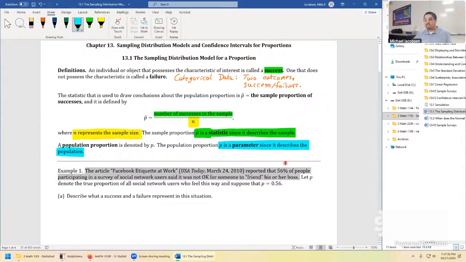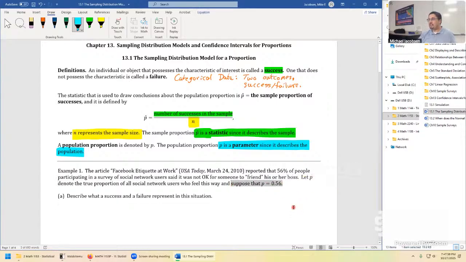That's a pretty interesting statistic. I wonder if it's gone up or down. For full disclosure, I don't think it's okay to friend my boss, Patrick Ralt. That would be really weird. And it goes on to say, let p denote the true proportion of all social networkers that feel this way. And suppose that, just for the sake of a problem, p equals 0.56.